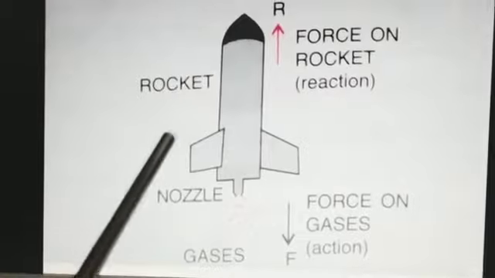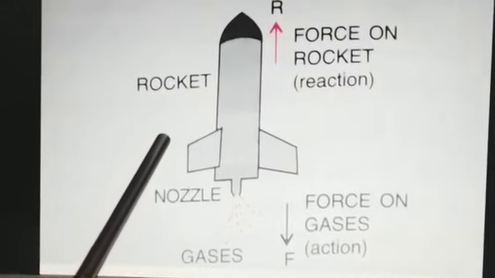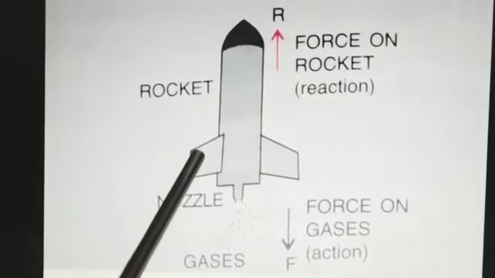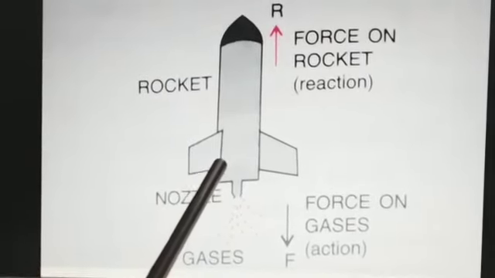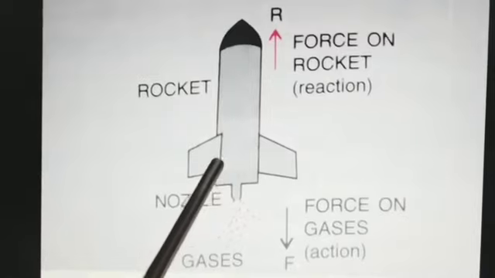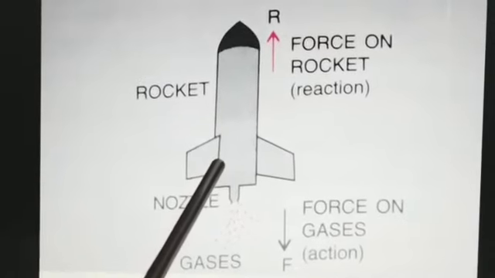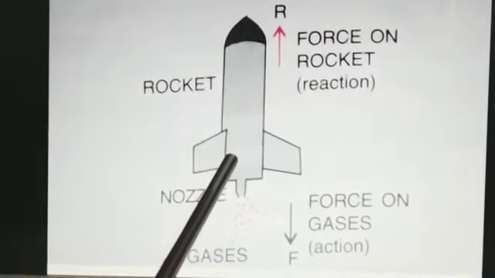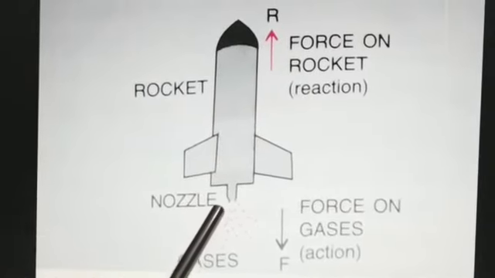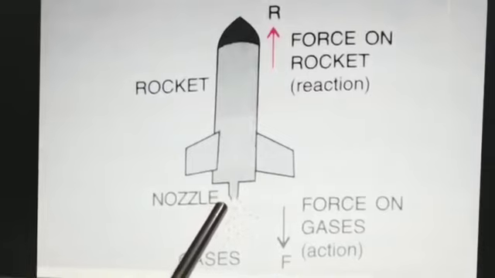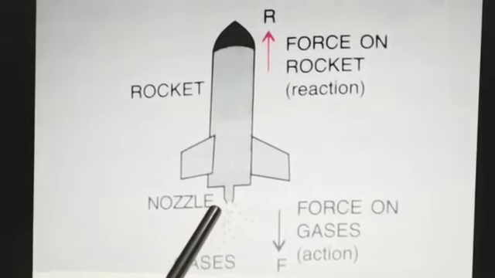In this picture, you can see a rocket in motion. In a rocket, fuel is burned inside the rocket, and the burned gases at high pressure and high temperature are expelled out of the rocket through a nozzle.